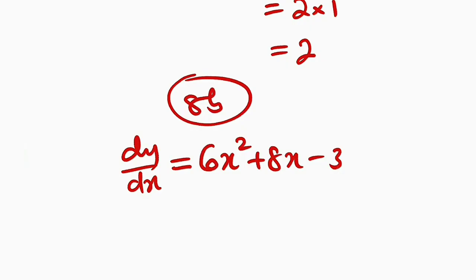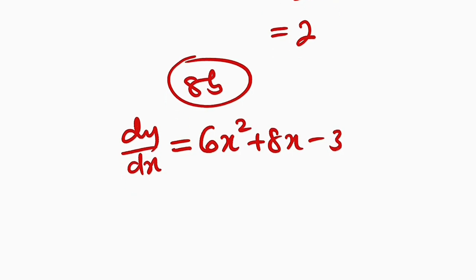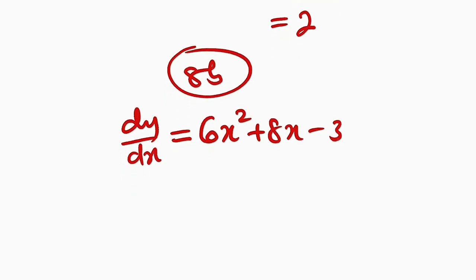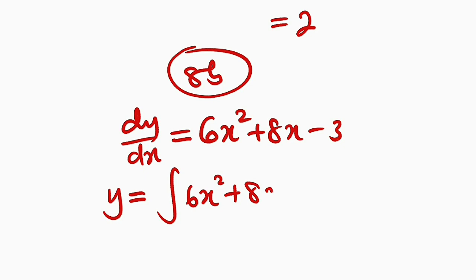So if dy over dx is equal to 6x squared plus 8x minus 3, to find y, we are going to integrate both sides with respect to x. Therefore, if you do the same thing to the left-hand side, you have y, and we have to integrate 6x squared plus 8x minus 3 with respect to x.